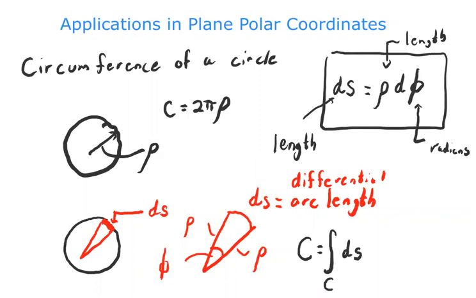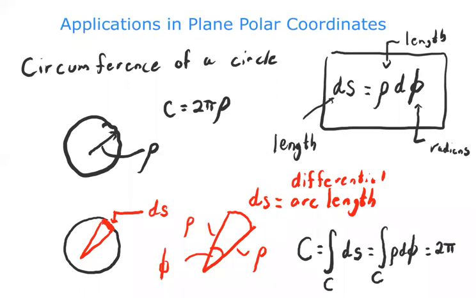Now, this is an example of something called a line integral or a path integral, but it turns out to be extremely easy to solve in this problem. The differential arc length is just rho d phi. Rho, the radius of a circle, is constant. It comes out of the integral. And if you want to integrate over the entire circle, then phi goes from 0 all the way to 2 pi.